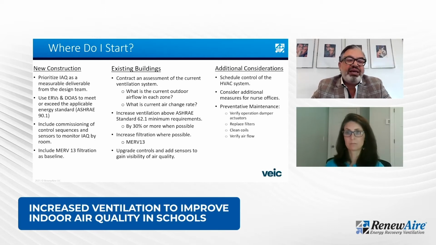So prioritizing and making sure that you have MERV 13 within your design will assure that you are maintaining the airflow rates, because, to what Rachel alluded to, upgrading your filtration from MERV 8 to MERV 13 does add a 20% penalty when it comes to static pressure. The second you increase static pressure, you lower airflow. And that's the thing that you do not want to do when you're taking into consideration SARS-type contaminants. When it comes to existing buildings, of course, it becomes a lot more challenging.